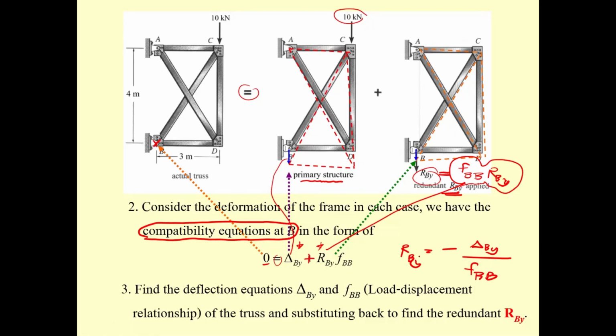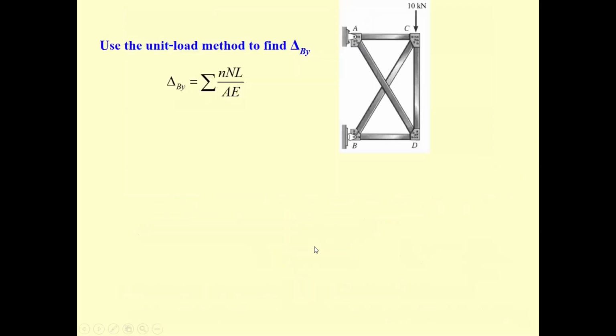Now, for delta sub BY, you have to use the method of virtual work. Based on the method of virtual work, you put 1.0 over here. The 1.0 causes an internal force on the task of small n. The picture over here is the task with this one as the roller.